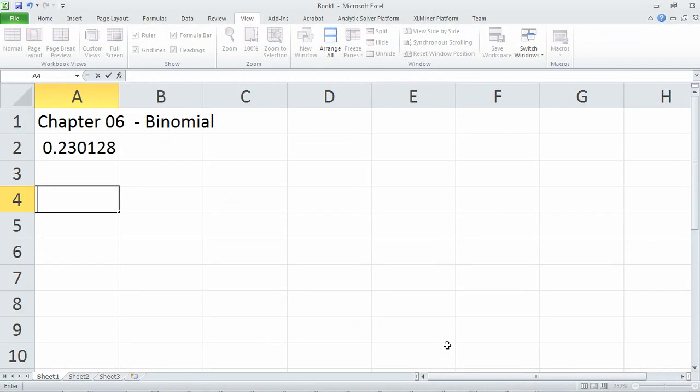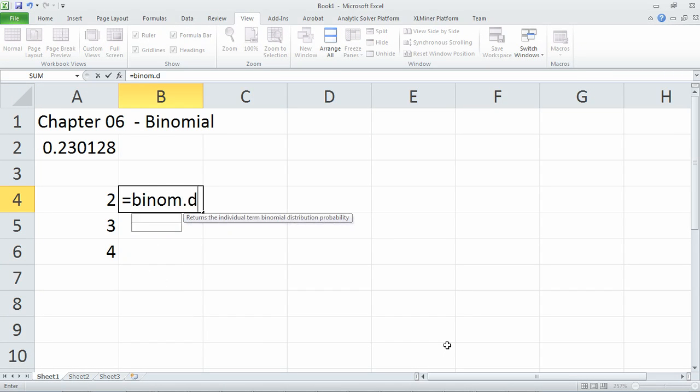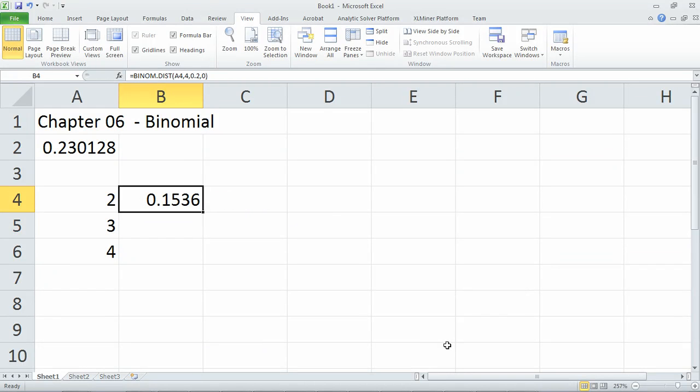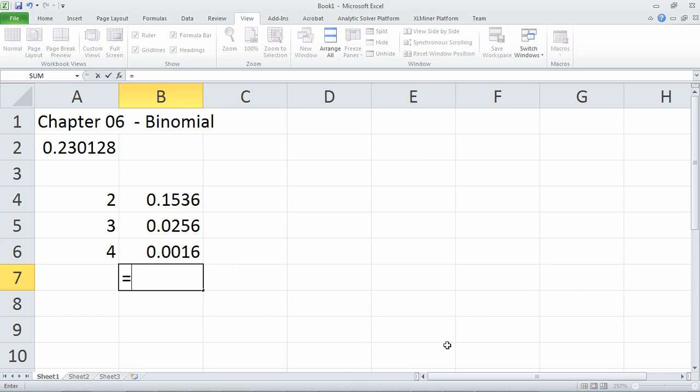So if we come over here to Excel, we can figure out that probability by saying 2, 3, 4, and then we're going to say this is equal to binom.dist, 2, comma, now we're doing 4 trials, probability of success is 0.2, and we're not doing cumulative, so we're going to take that and just copy it, and then we want the sum of those things, and we get 18.08%.